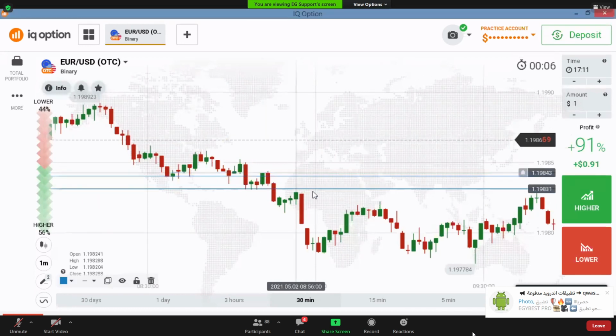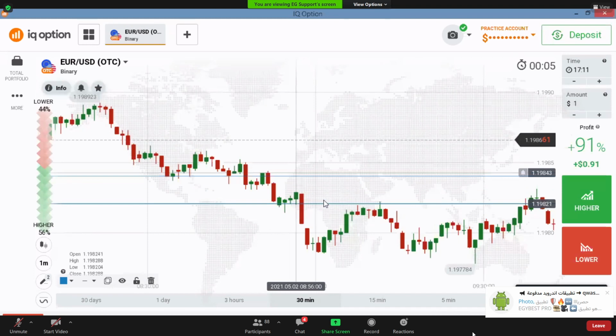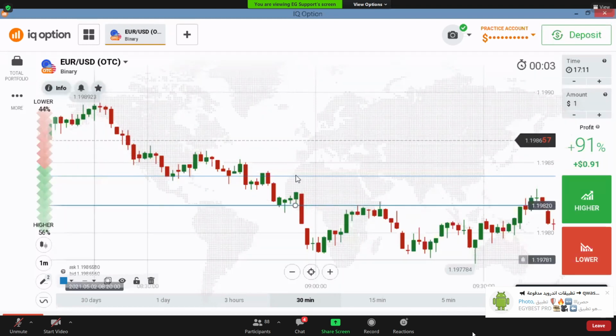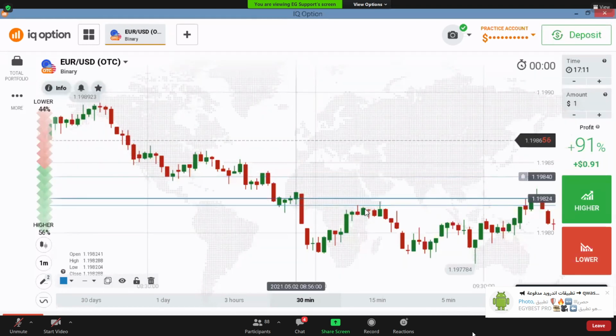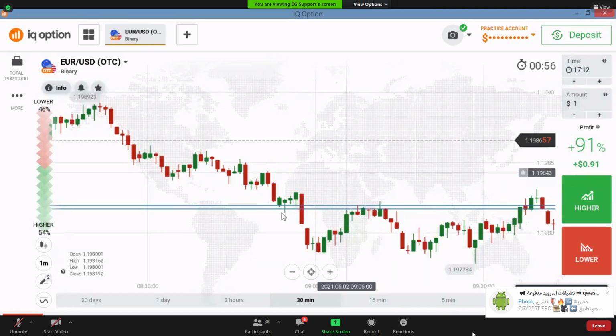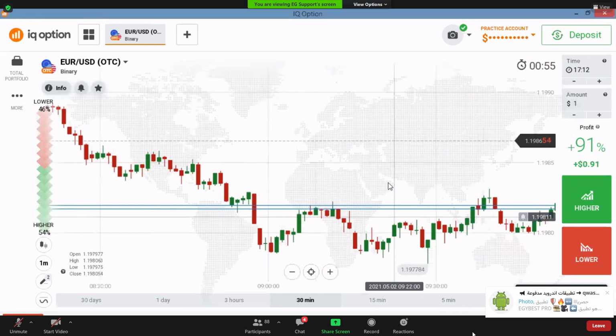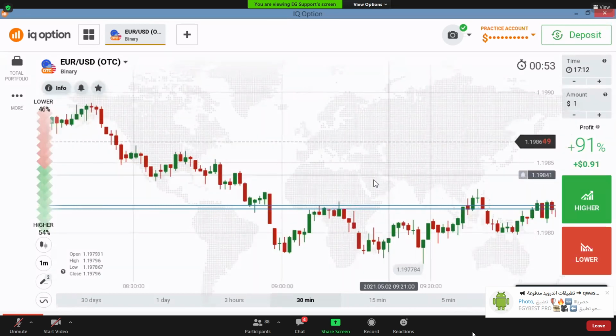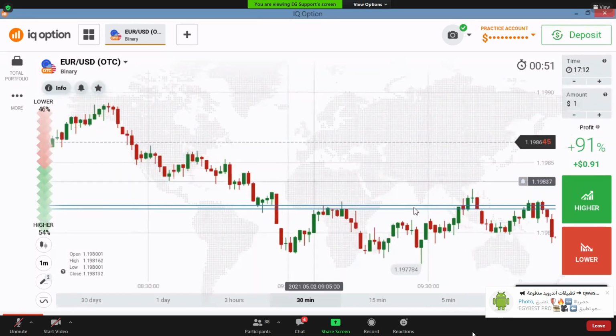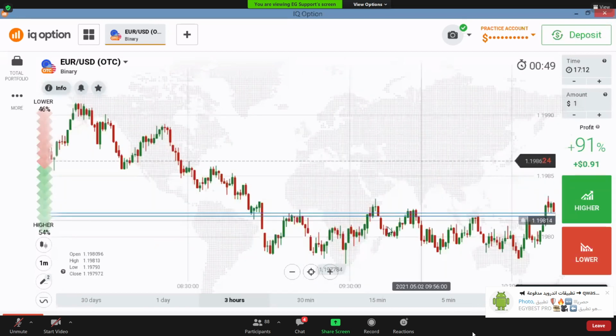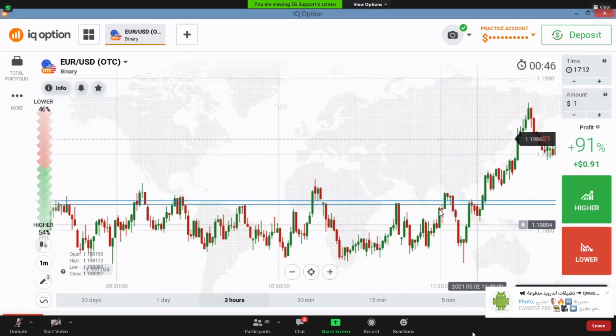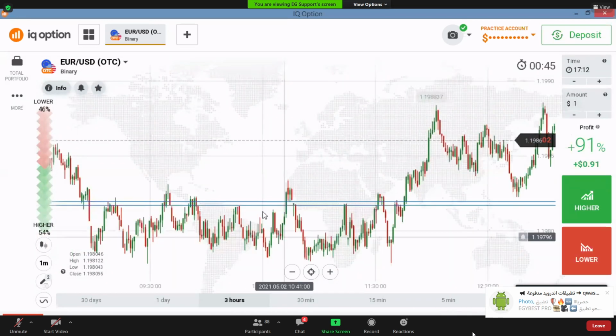And here you have another level. Previously it was a support zone, now it turned into a resistance zone. So you can trust this level in the future. It reversed because of the level, because it's a complete SNR level.